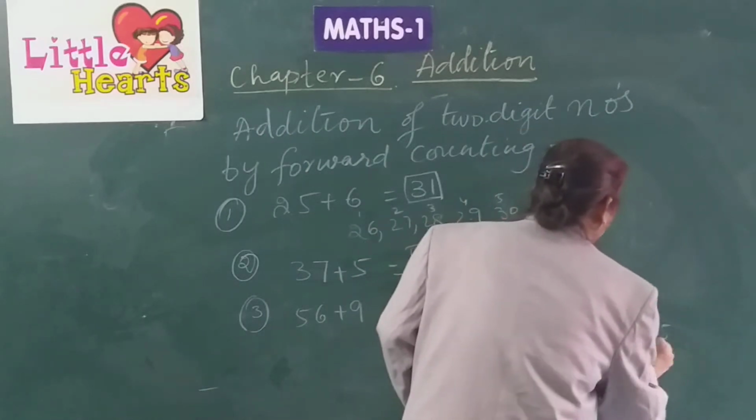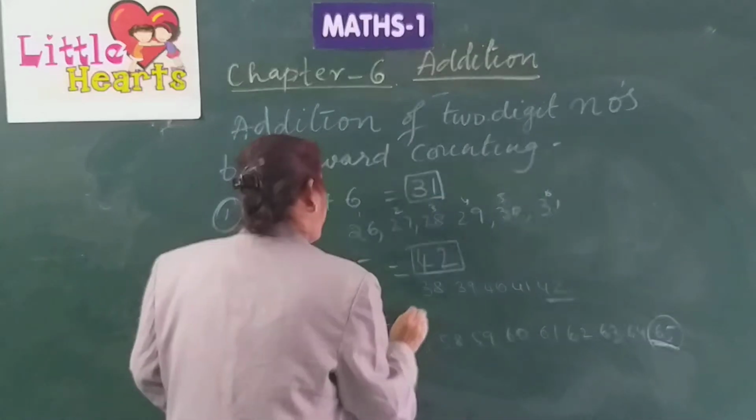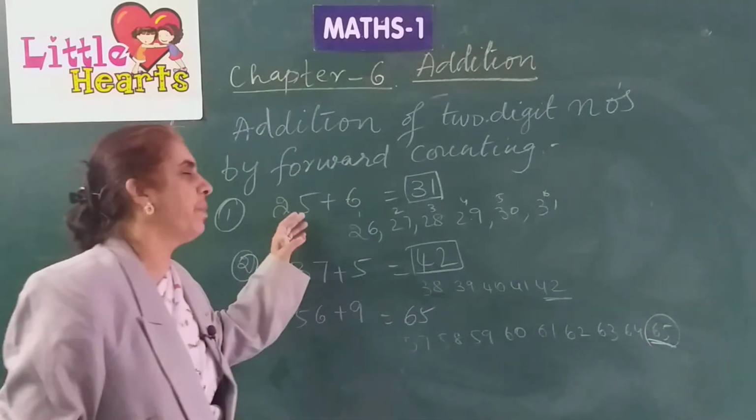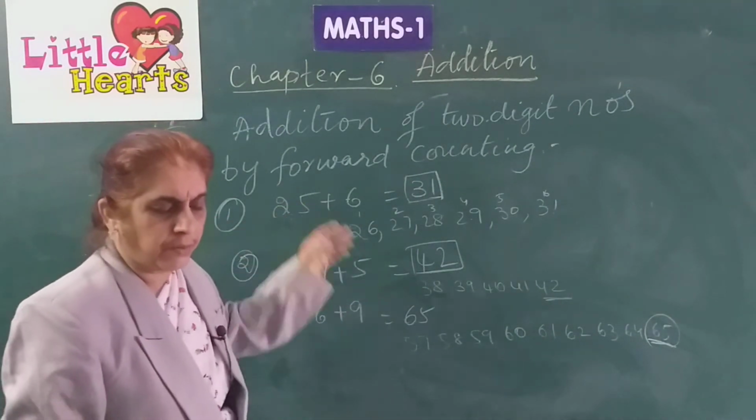That is the sum of 56 and 9. In this way, 2-digit numbers can be added by forward counting.